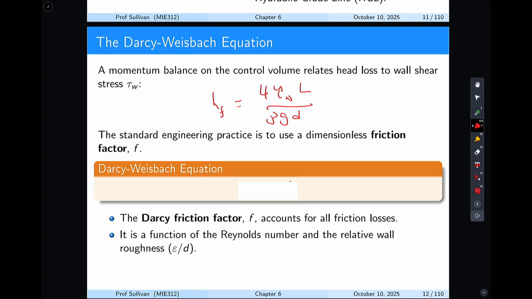And we want to define this as a friction factor. So we want h_f equal to f L over D times V squared over 2g.